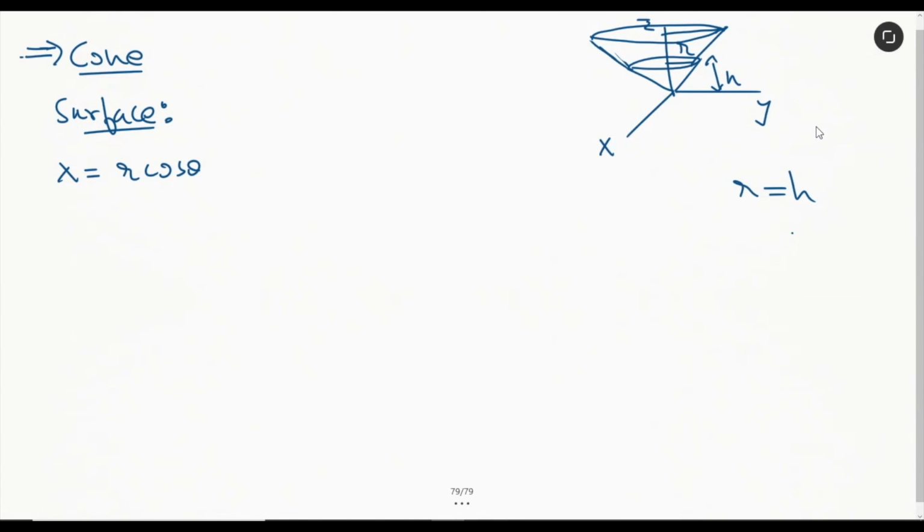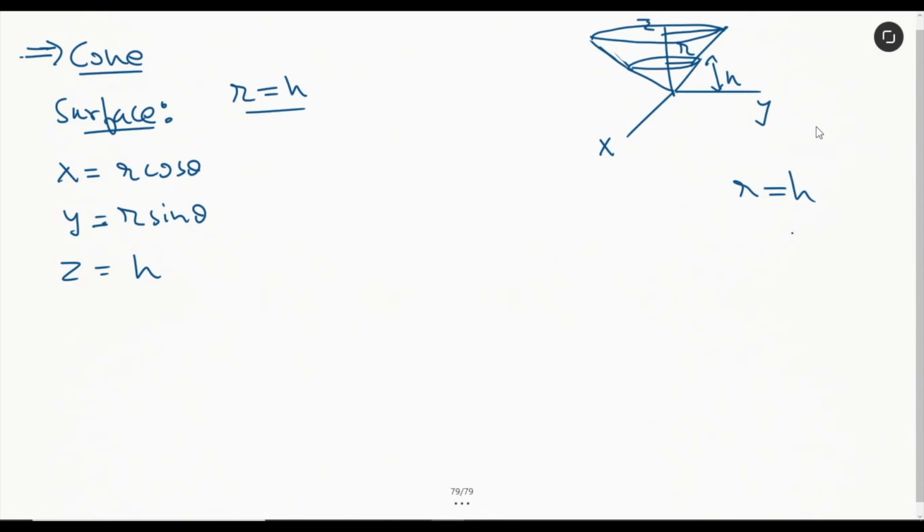That is, r is for the circle forming at xy plane or at any height, and this h is going to be the height, or it can be written as the z value. So x is going to be r cos theta, y is going to be r sin theta, and z is going to be h, and in this case r and h both are same.